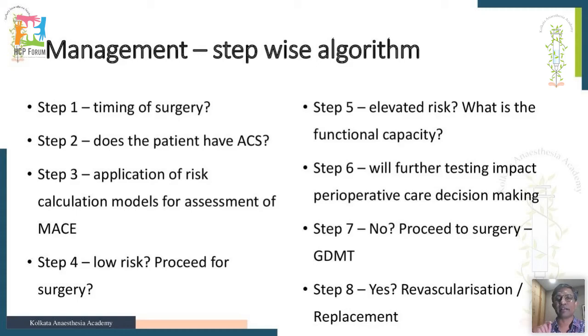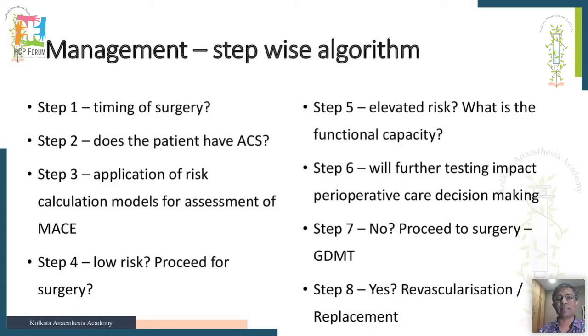If the answer is no, then if I'm optimized, proceed to surgery with goal-directed medical therapy. And if from your tests, as you said, and that was the fourth part of it, yes, no, I cannot proceed for a non-cardiac surgery without fixing the cardiac problem. The person needs revascularization or replacement, and only then comes in for surgery. So this is the management, and I will take you through this.